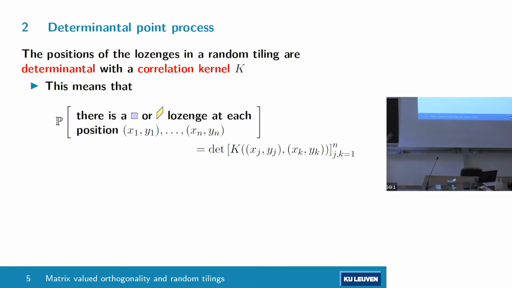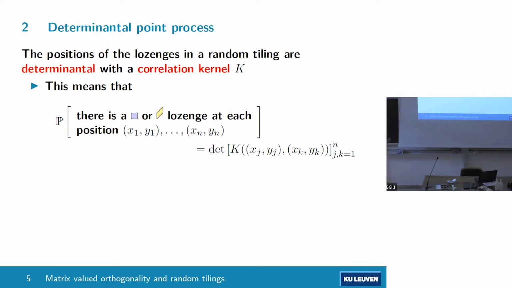I've chosen here to focus on 2 of them, but it's all equivalent in a way. Suppose you have a random tiling and you ask whether there is a tile of this type or that type at each of a certain number of positions.